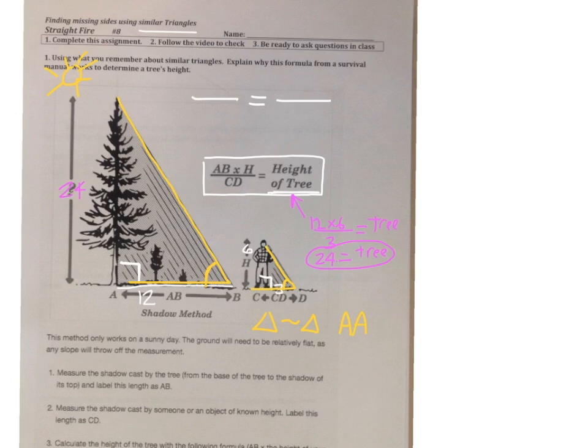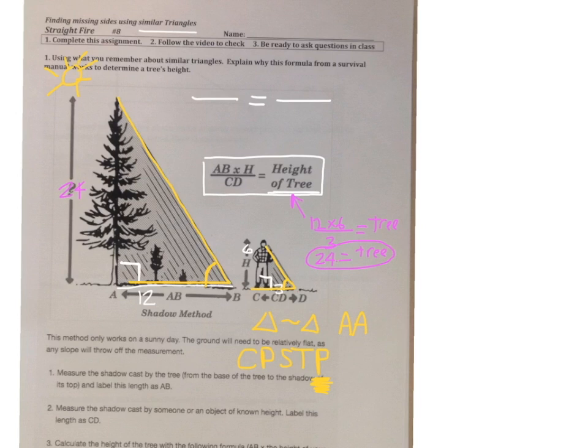And because of that, we can use a semi-famous idea called corresponding parts of similar triangles are in proportion. In other words, if you have similar triangles, you're allowed to make proportions out of them to figure out missing pieces.